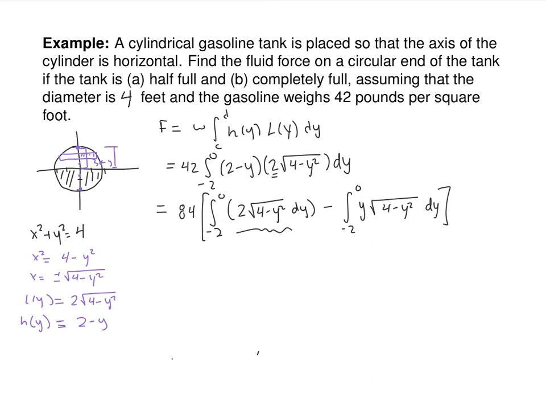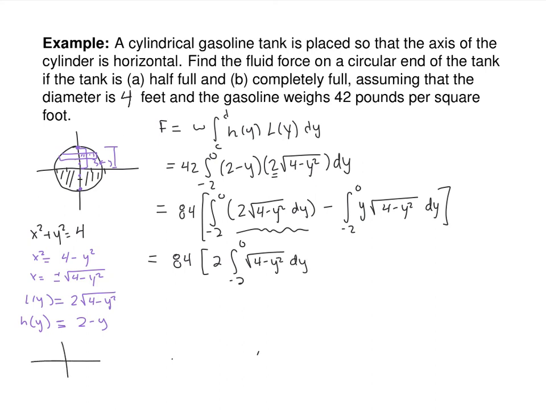Now this first bit here, once we factor the 2 out of it, so twice the integral from -2 to 0 root 4 minus y squared dy.